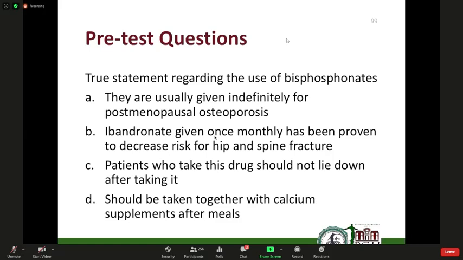The problem with ibandronic acid is wala siyang effect masyado sa spine fracture. So wrong answer to. Yung A, wrong answer din yan because you can't give them indefinitely, because of the fear nga of the osteonecrosis of the jaw. Should be taken together? It doesn't need to be taken together with calcium supplements. You can take them separately. And then the correct answer is C.